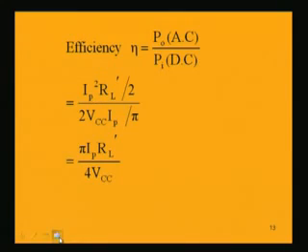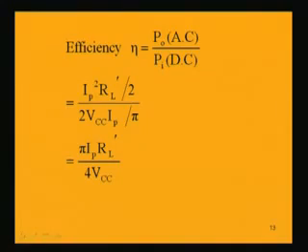Now if we find out the efficiency of this amplifier, it is the ratio between the output and the input. Output is the AC output, input is the DC input. What will be the ratio between these two?